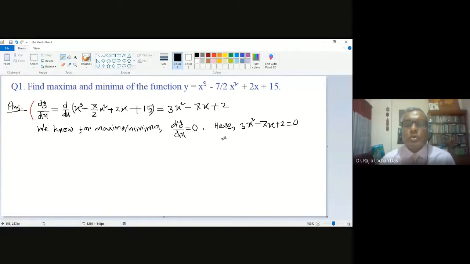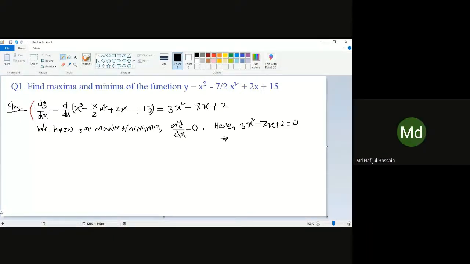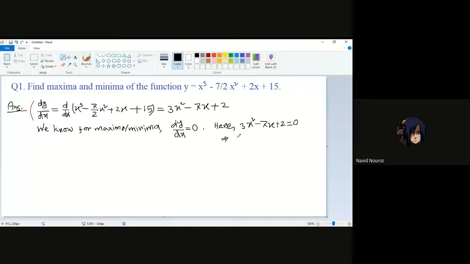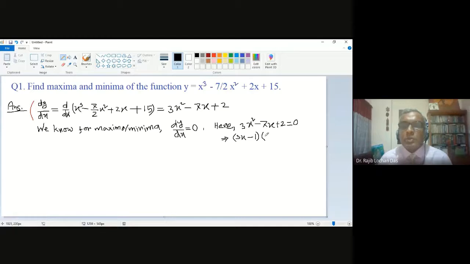I'm not showing it in detail because I think you already know. So what will be the factors? The factors are 3x minus 1 and x minus 2. Everyone understands this? Yes, sir.